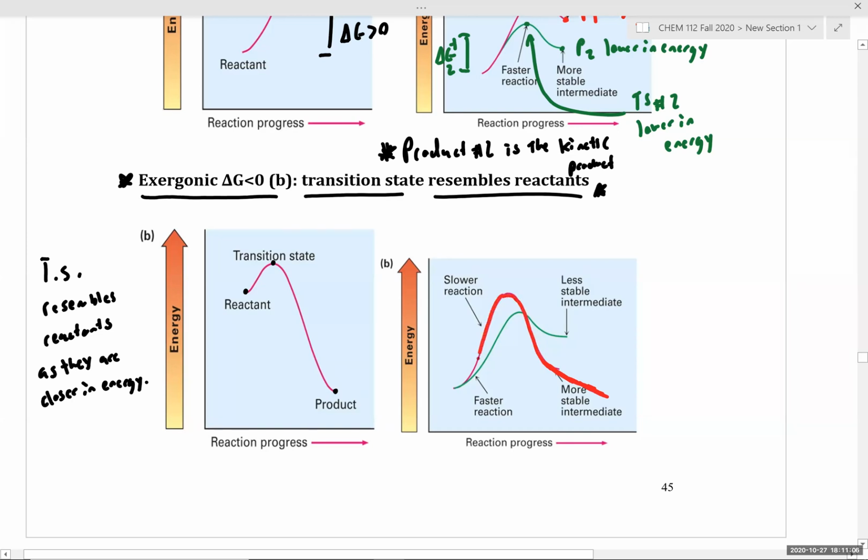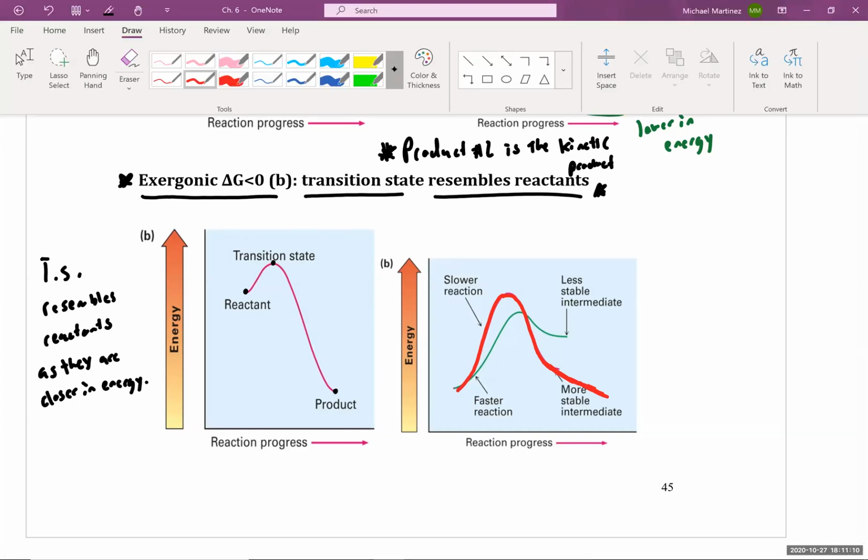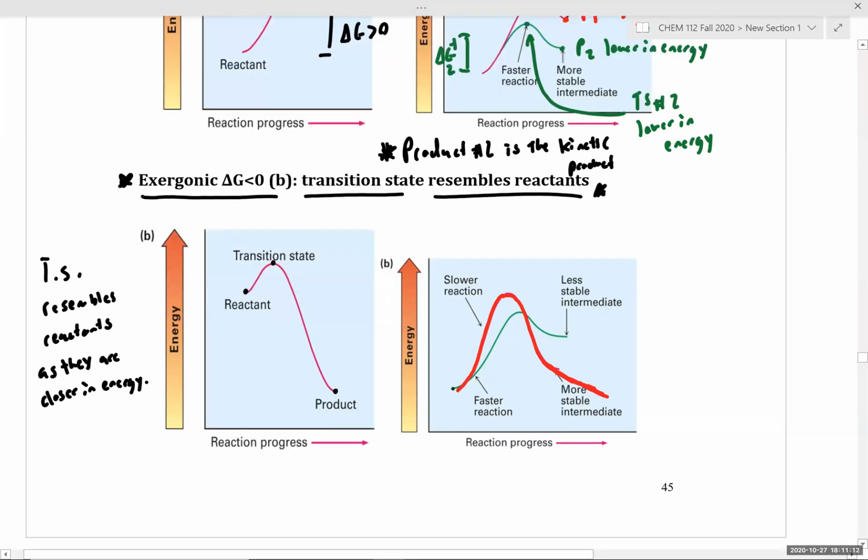So we're going to look at a series of curves, and let's show what would happen if instead of looking at an endergonic reaction, we are looking now at a series of exergonic reactions. Okay.